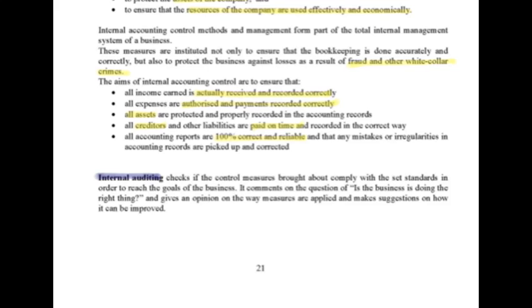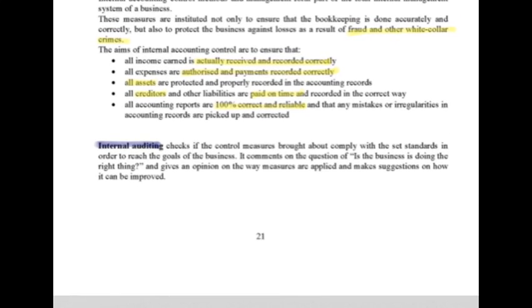Internal control is basically the management throughout the year of the business. Internal auditing, on the other hand, checks if the control measures brought about comply with the set standards in order to reach the goal of the business. So internal auditing is a tool to check if the processes are working and if it's adhered to.